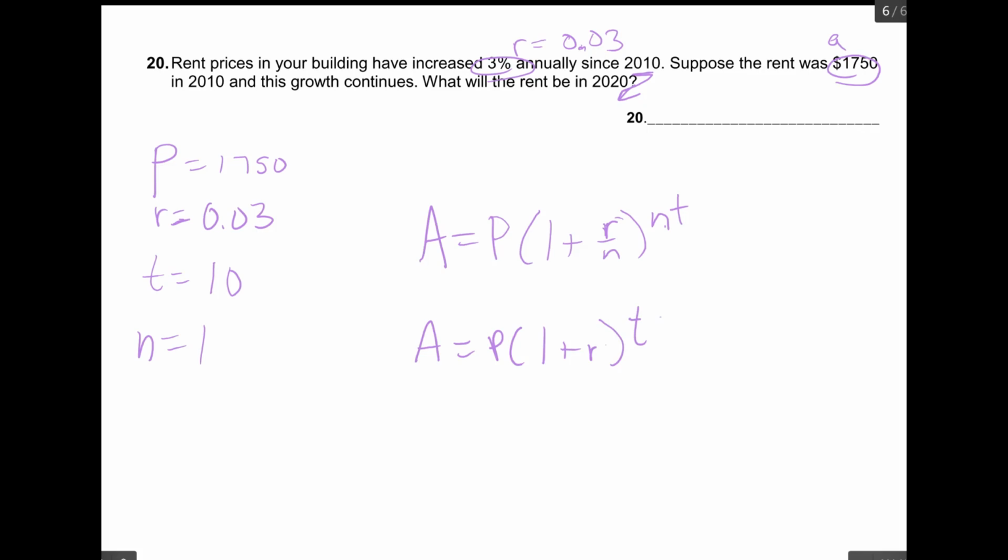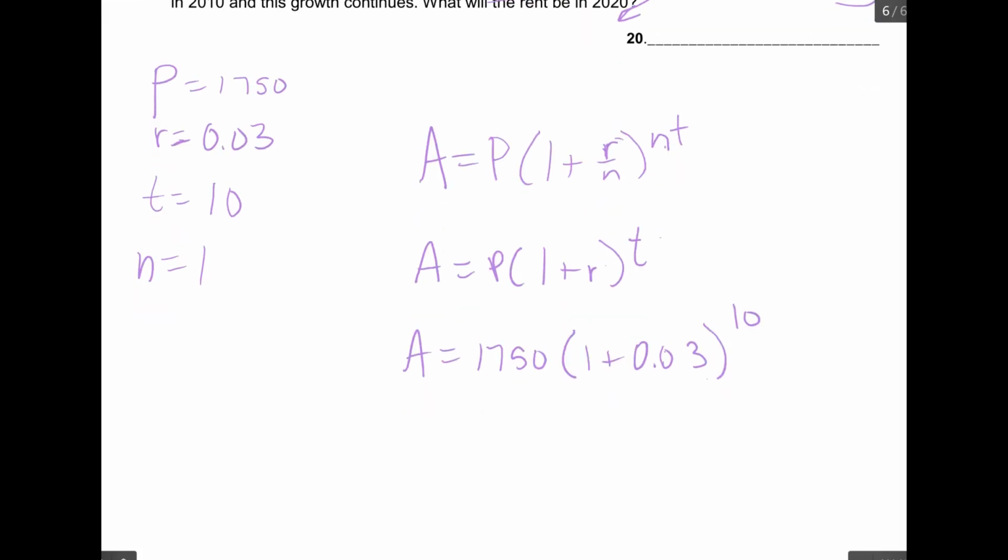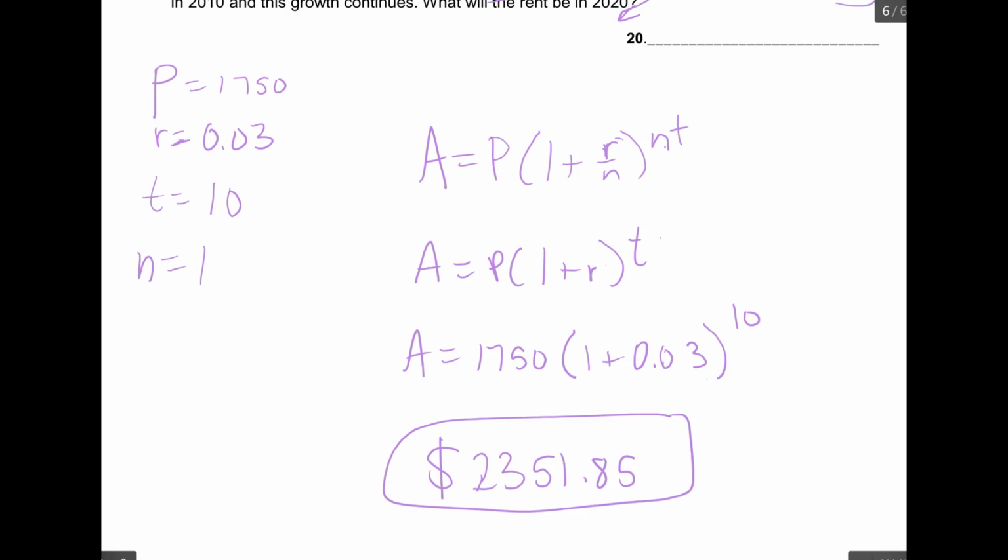So a is equal to 17.50 times 1 plus 0.03, all to the 10 power. So we get $23.52 would be the total. Cool, and that's it for the practice test.